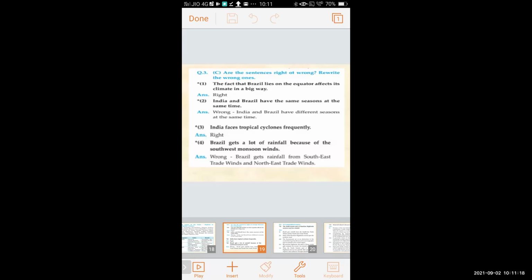So these are some of the sentences, right or wrong, we have studied. First, the fact that Brazil lies on the equator affects its climate in a big way, and the answer is right. Second, India and Brazil have the same season at the same time, and the answer is wrong.